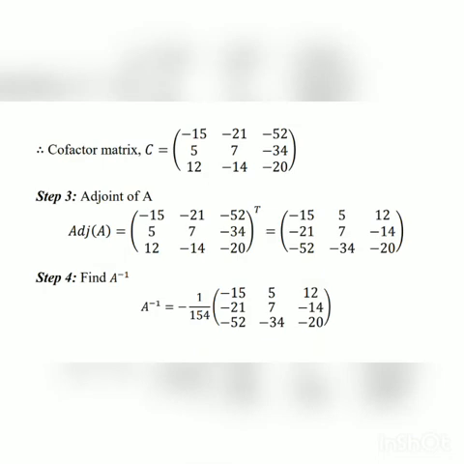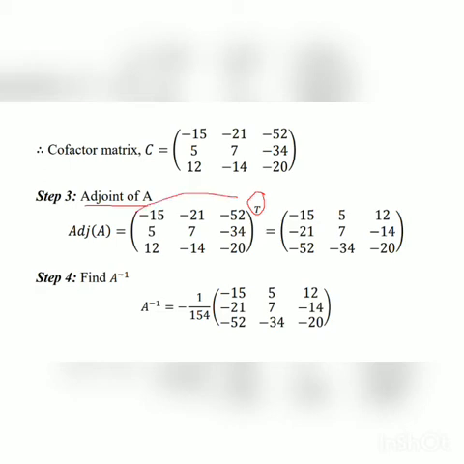So previously we have obtained the cofactor matrix, which is this one. Now, in order to determine the adjoint of A, we will have to find the transpose of the cofactor matrix. To find the transpose, we will interchange the rows and columns.